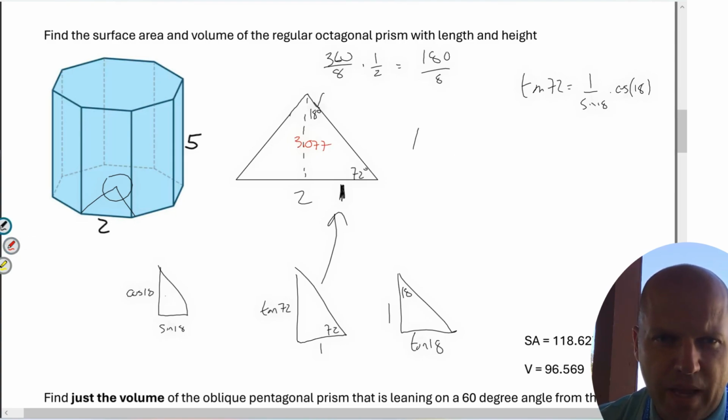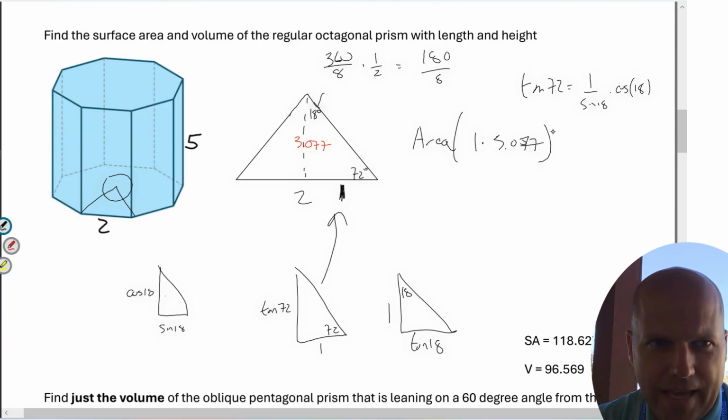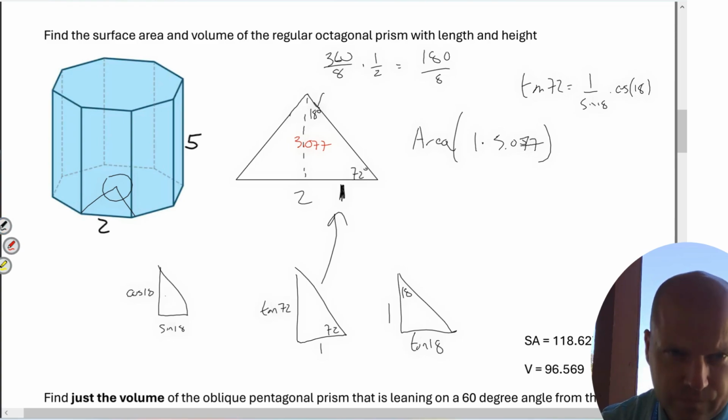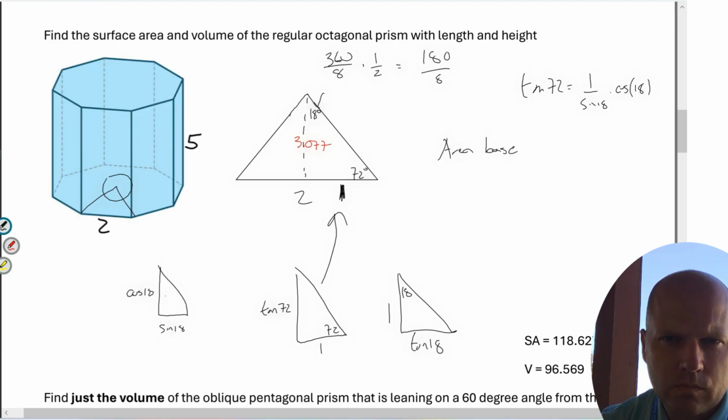Let's do the area of the base. The area would be the area of one of these triangles, which is 1/2 of the base times the height. That is the area of a triangle, times 8 triangles.